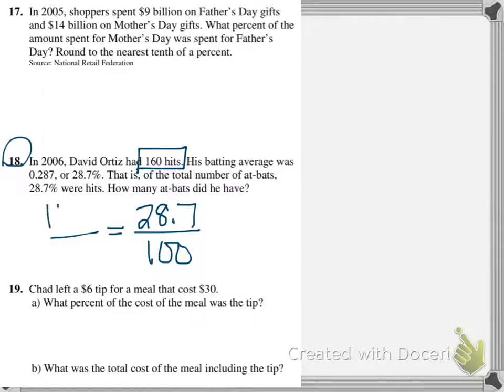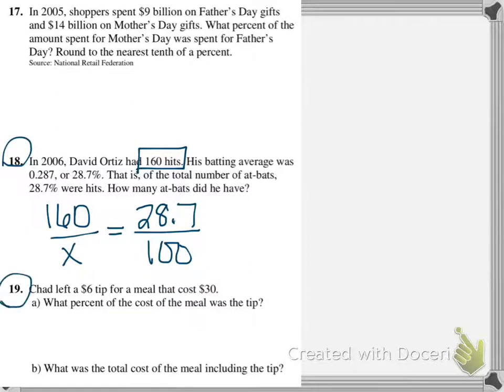So my 160 is going to be my hits, and my at-bats is going to be the of. And so my smaller number is in the numerator, or the top number, in both fractions. So that's just a reminder that I do have it set up correctly. If I'm wondering whether I put the 160 in the numerator or the denominator, this helps me make that decision. And then I could go through and do my cross products from there.